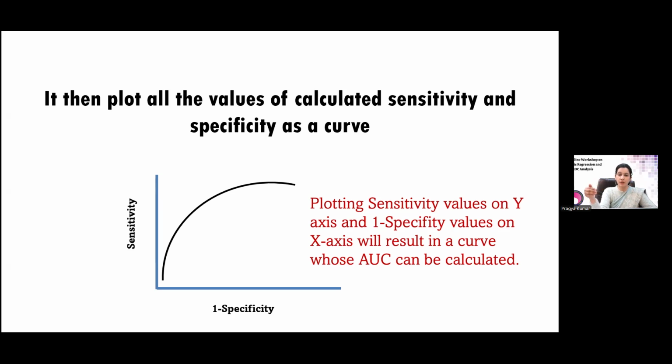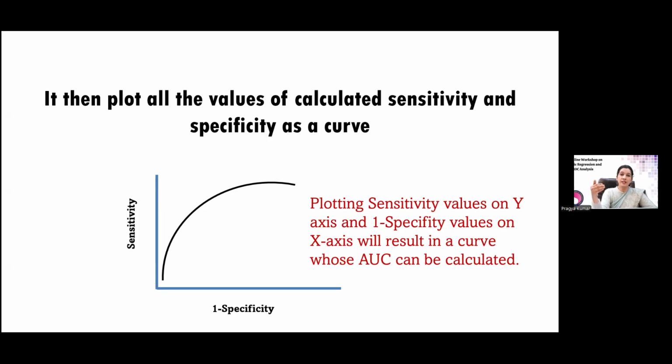Basically these diagnostic accuracy measures don't have any say in the epidemiological study. It is for the clinician to make a judgment. Like if a test has come, in case of COVID, you must have seen the nasal swab, what was the sensitivity, and then many rapid test kits also came, which showed the sensitivity, specificity, and positive predictive values.